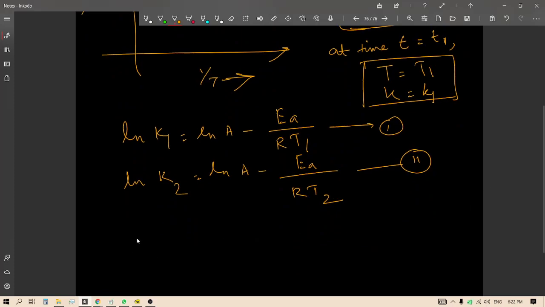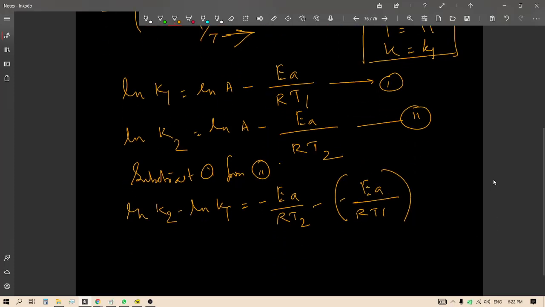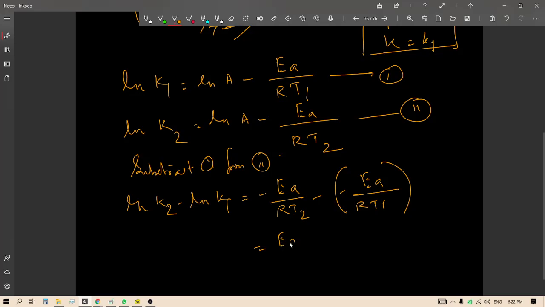Now subtract 1 from 2. So ln K2 minus ln K1 is equal to, ln A cancels out, minus EA by RT2 minus of minus EA by RT1, which is equal to EA by R, I can take constant, 1 by T1 minus 1 by T2.